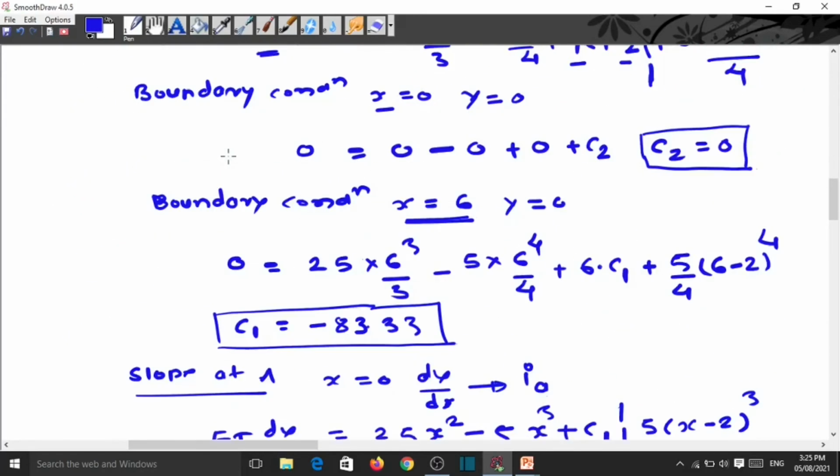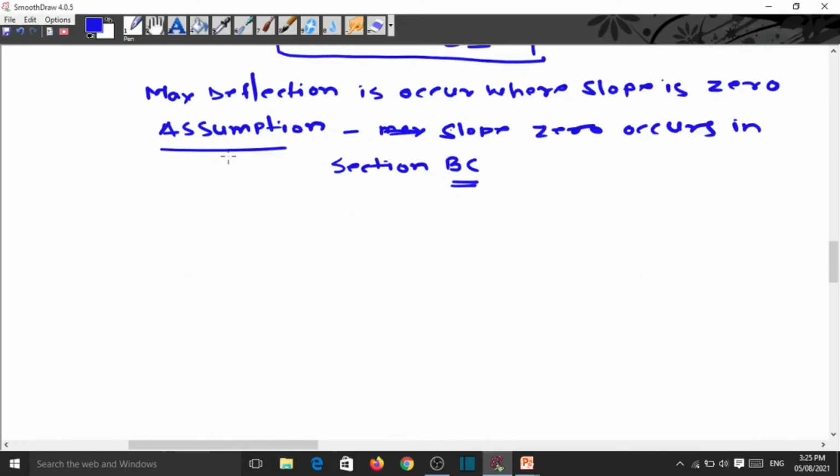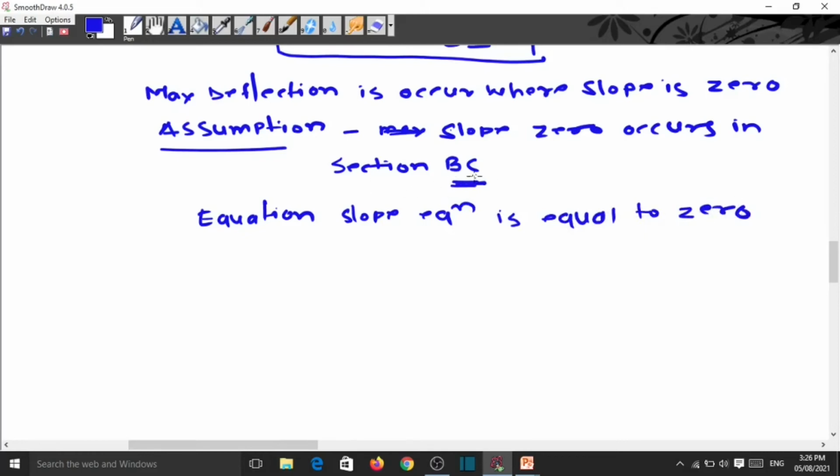So for that we have to equate the slope equation equal to 0. So now this is the BC section, so we have to use the total equation.